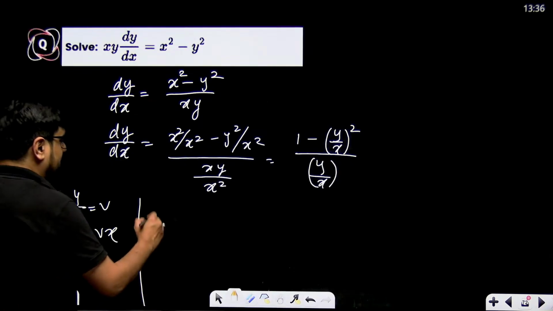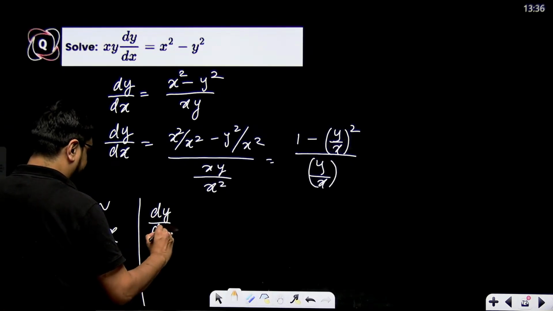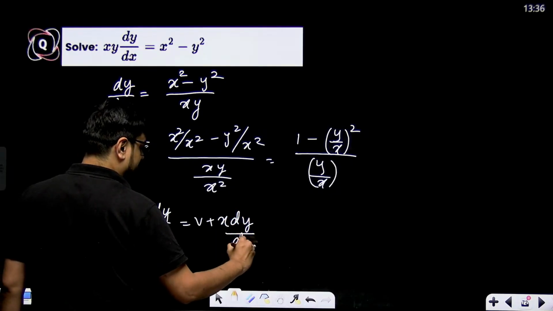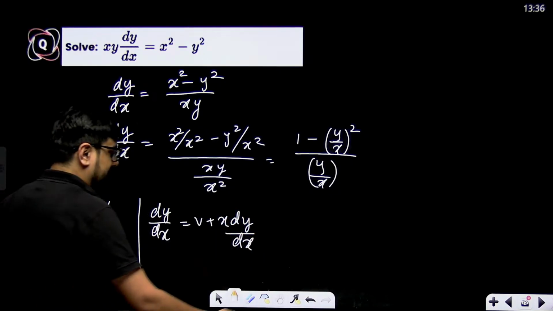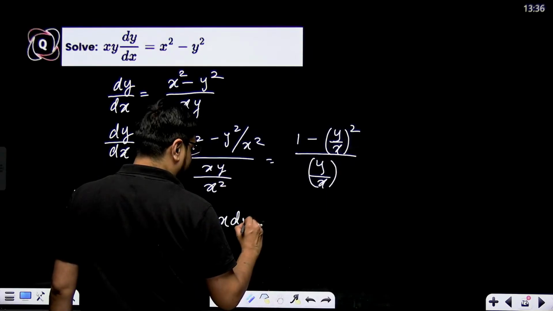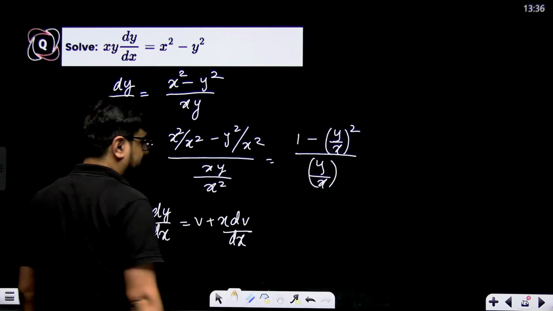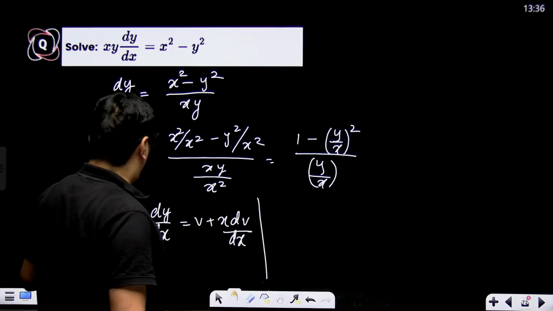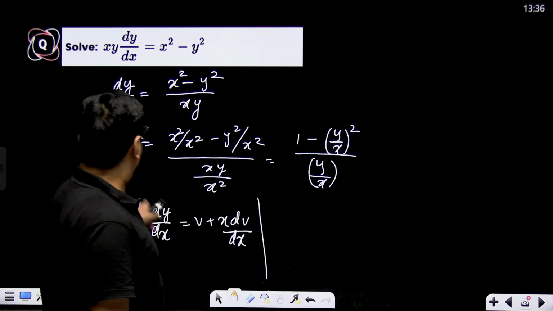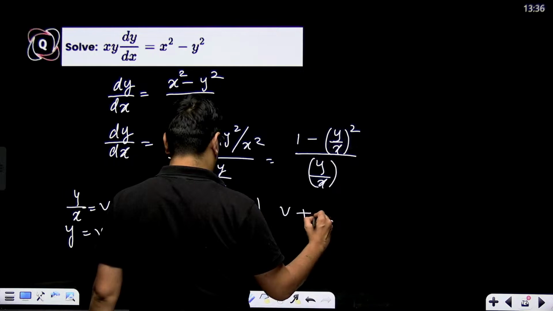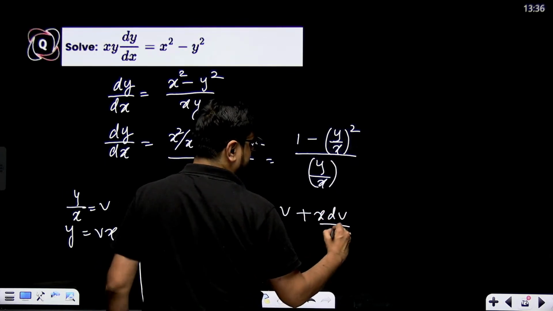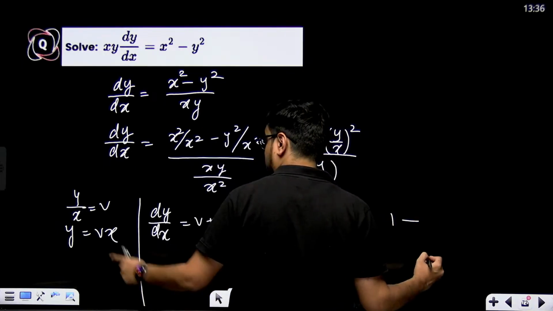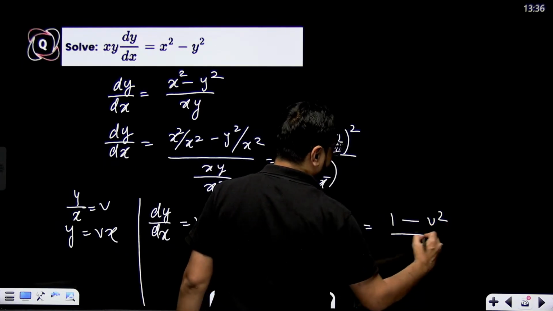Your dy by dx will become v plus x dv by dx, right? This is going to happen. Now substitute over here dy by dx as v plus x dv by dx, which will become equal to 1 minus v square divided by v.